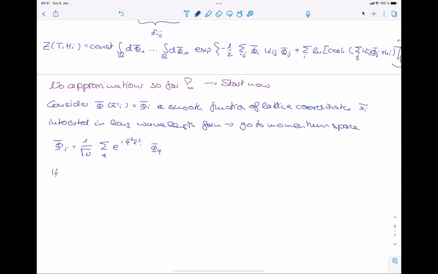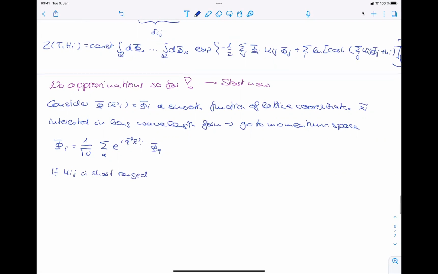And then we also take into account that K_ij is short-ranged and translation invariant. That means that our K_ij really only depends on the absolute distance between lattice sites i and j.